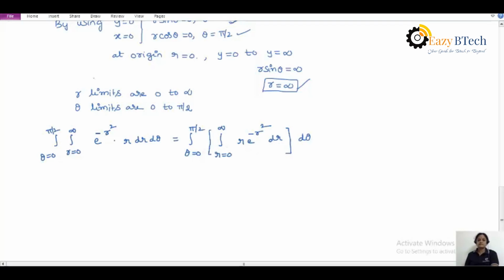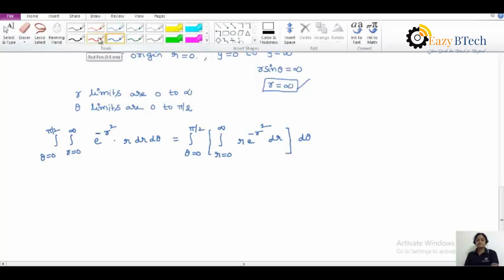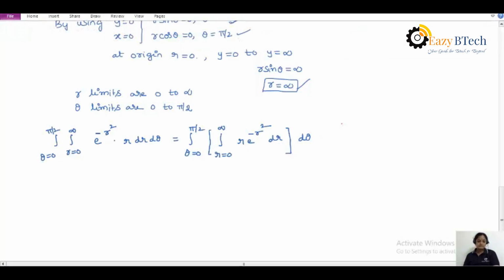To do this integration we need the substitution method. Put r square is equal to t, differentiating with respect to t, 2r dr is equal to dt. Then r dr is dt by 2. When r is equal to 0, t is 0, and when r is equal to infinity, t is also infinity.